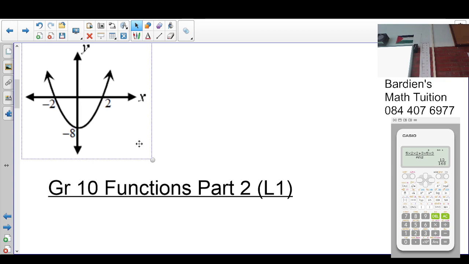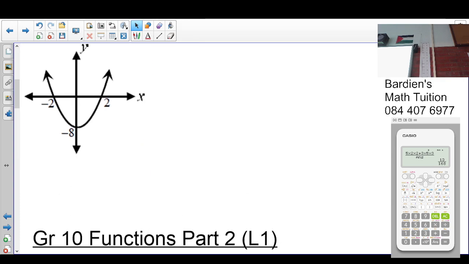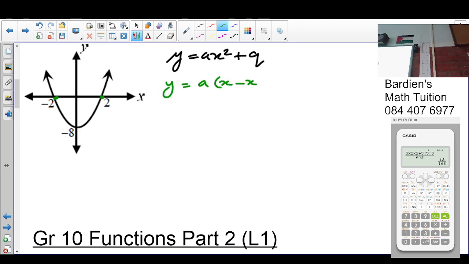Again, we have two x-intercepts. The standard form that we normally want is y is equal to ax squared plus q. But since we have x-intercepts, what do we do? Y is equal to a into (x minus x1)(x minus x2), where x1 and x2 are the x-intercepts.